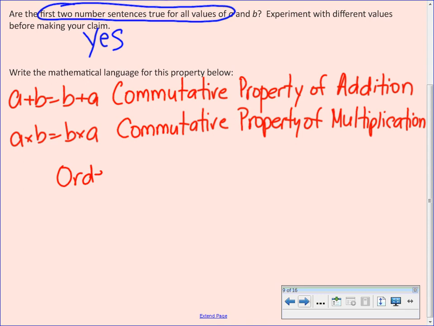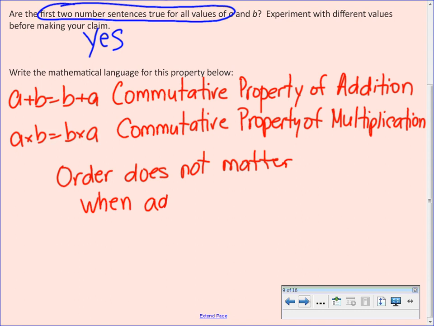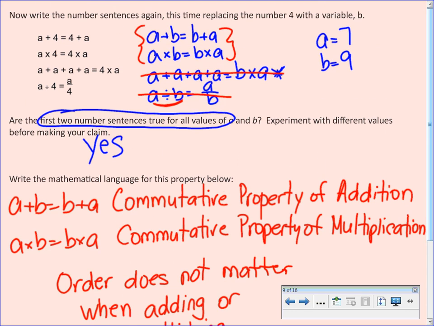So to summarize, order does not matter when multiplying or adding. Because if we replaced A with 4 and B with 2, 4 plus 2 is the same thing as 2 plus 4.